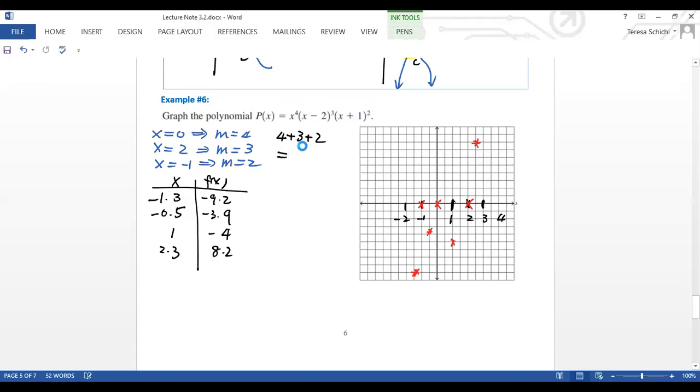So the degree is 9, right? So it's a 9th degree. And what is the constant? It's 1, positive. So this is a 9th degree polynomial with a positive leading coefficient. So I know my graph has to be one end down, one end up.